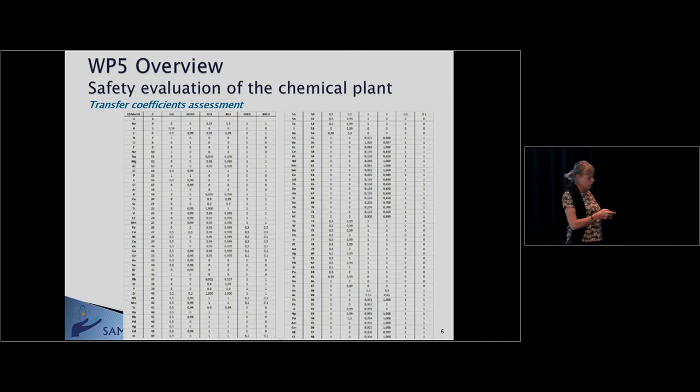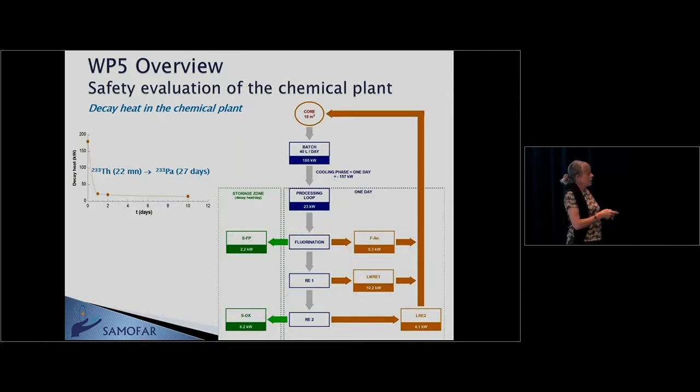The transfer coefficients were assessed from experimental, thermodynamic, and bibliographic studies, and for each element, which are given here, we give a transfer coefficient for each step of the chemical plant. Finally, CEA used its codes to calculate the decay heat in the chemical plant.